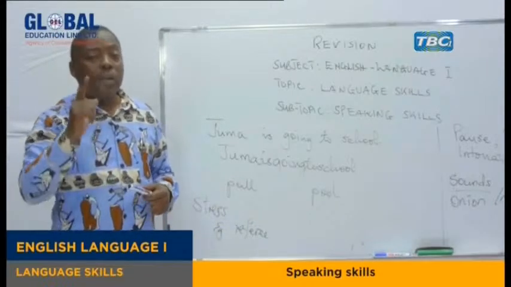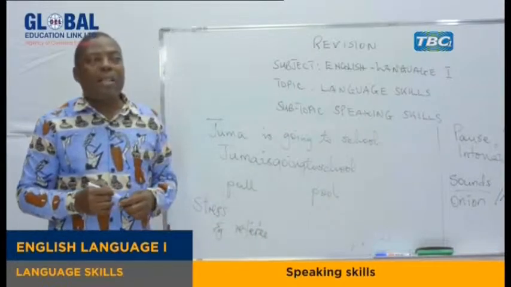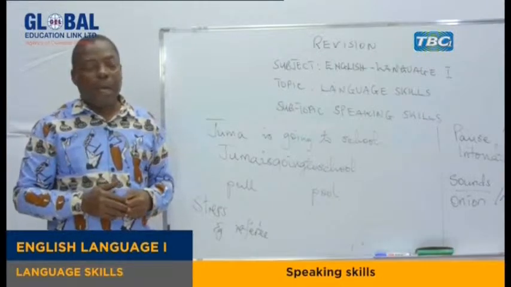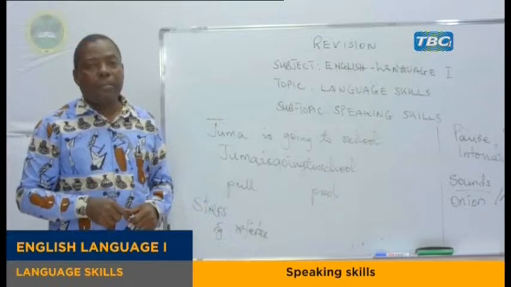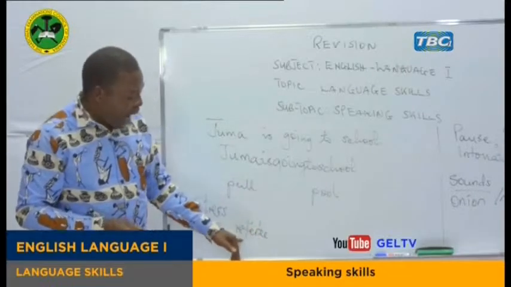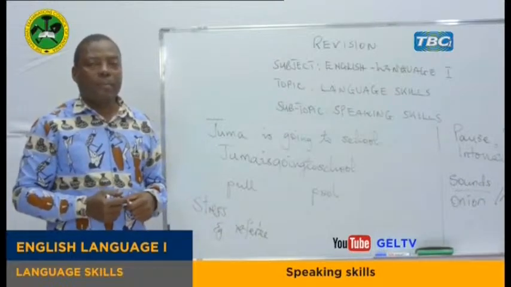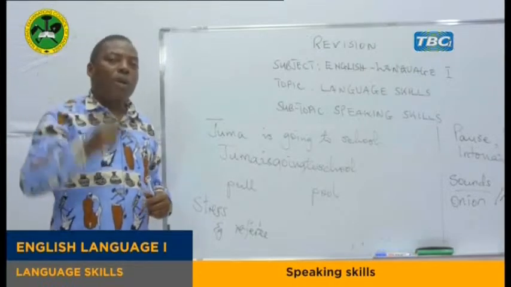So the last syllable is the one that will be heard louder compared to the other. And so we call this a stressed syllable. But when this is a stressed syllable, then the other one will be referred to as an unstressed syllable. So a stressed syllable is the one which is heard louder when you are speaking.